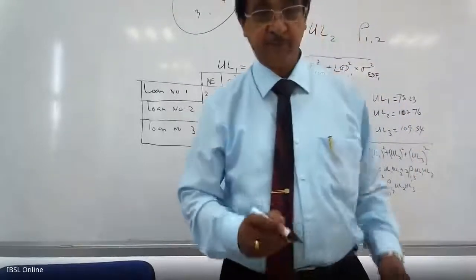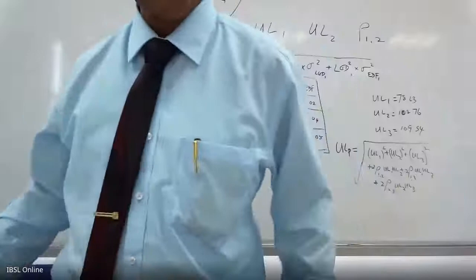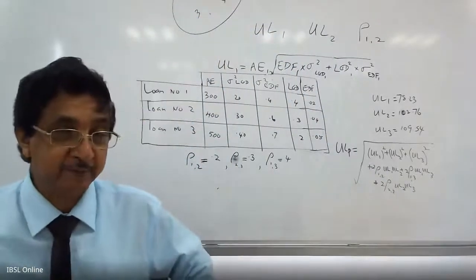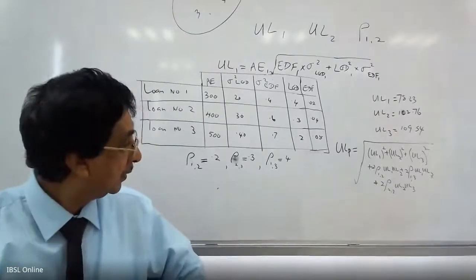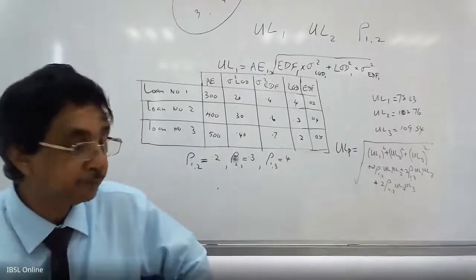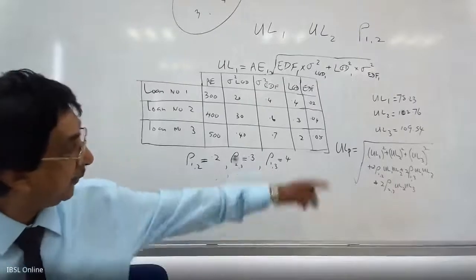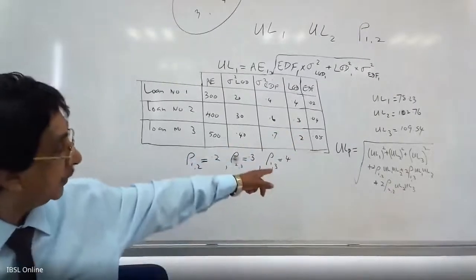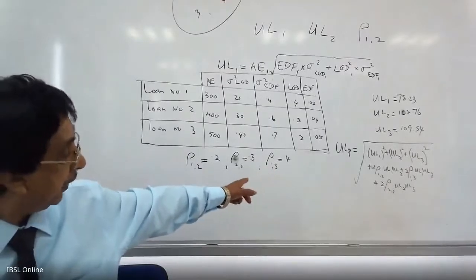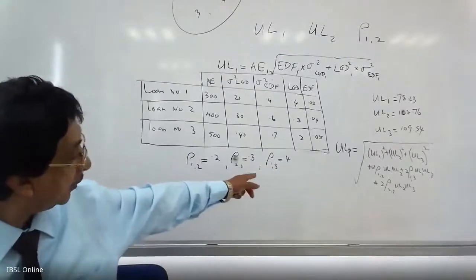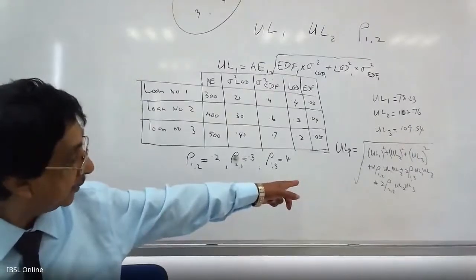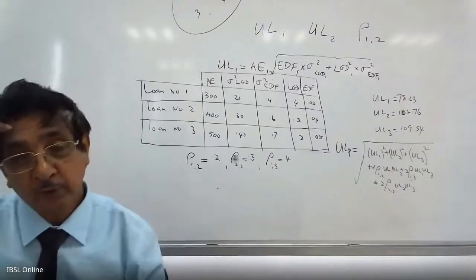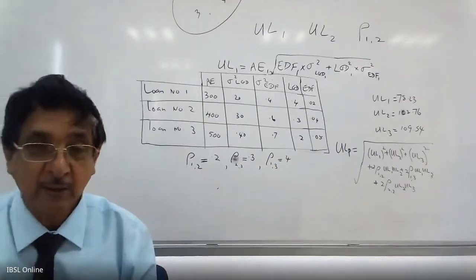So this will be the formula for a portfolio with 3 loans. Because now you have calculated UL1, UL2 and UL3, and you have rho 1 2, rho 2 3 and rho 1 3, you are in a position to calculate the portfolio unexpected loss.